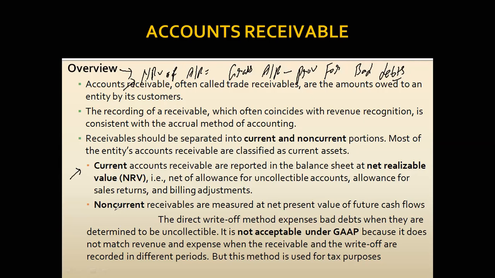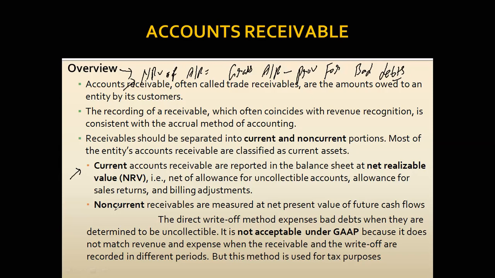We are not recording any provision for bad debts in each period. Whenever we think bad debts should be recorded, we directly record them as expense. GAAP does not allow this treatment. We cannot record bad debt expense directly if we are following GAAP. We must adopt the provision method.